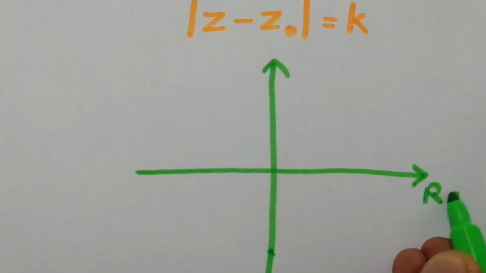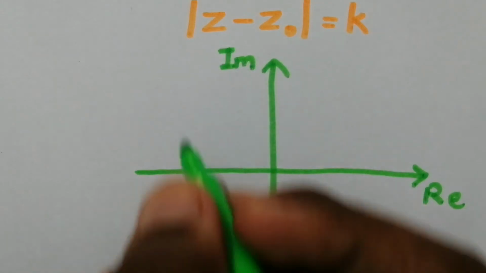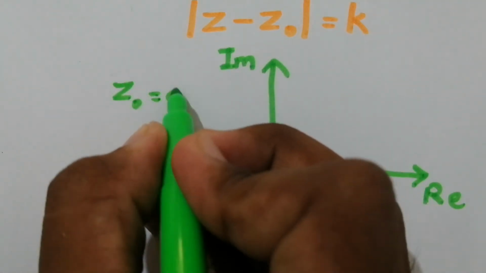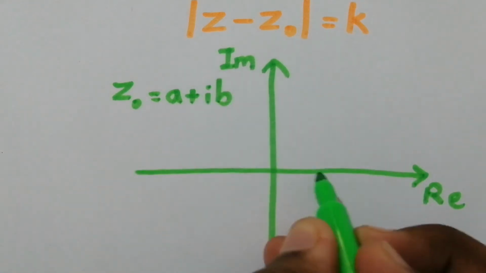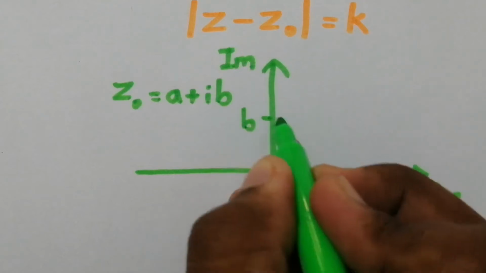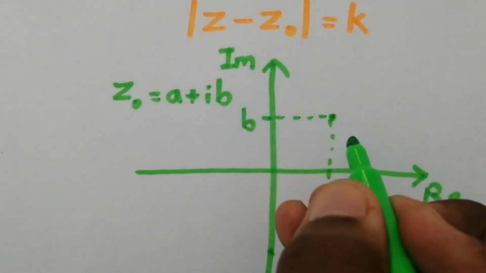This is the real axis, this is the imaginary axis. In a similar way, I am considering the example z naught equals a plus ib, with real part a and imaginary part b. This is the point z naught.